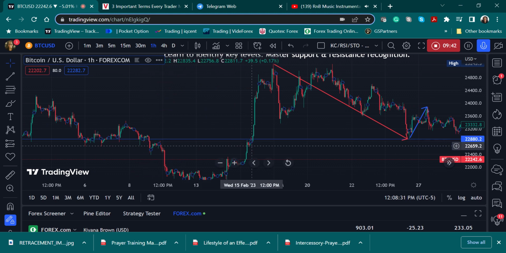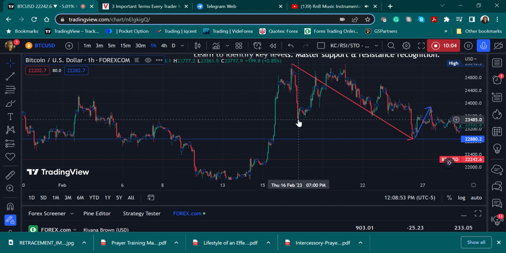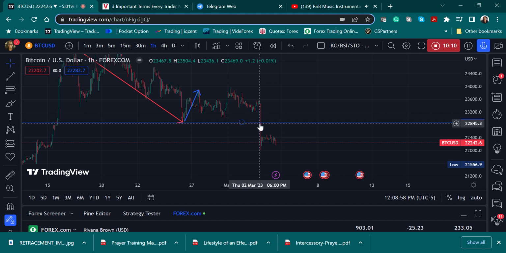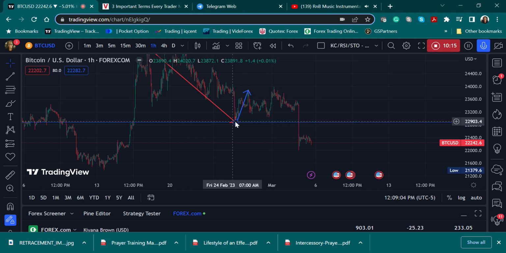So we have confirmed that over time, for the cryptocurrency Bitcoin against the United States dollar, price has touched $22,880.20 multiple times. Now, when we go to our current trading area, we will see that price has fallen below, and then we are here. But right now, we're just talking about this time frame. So this is what we would consider our support level.